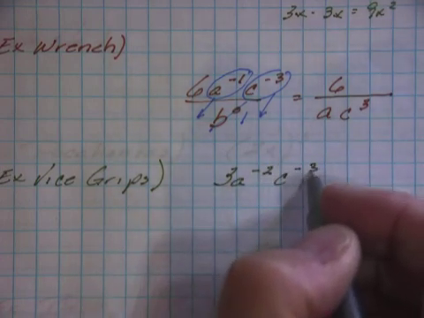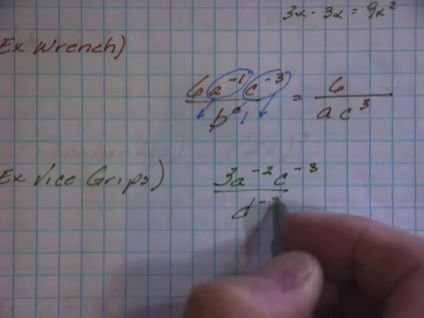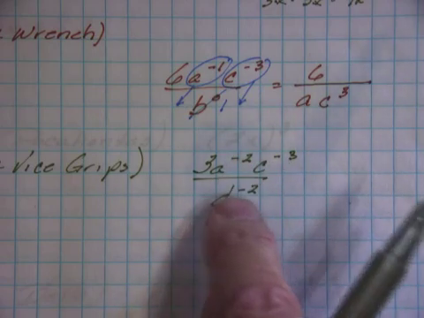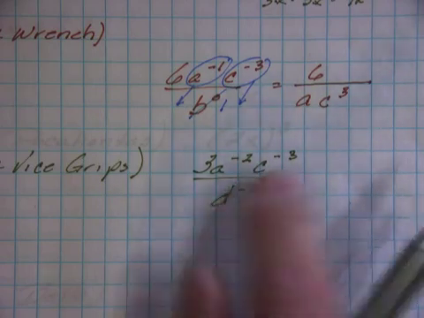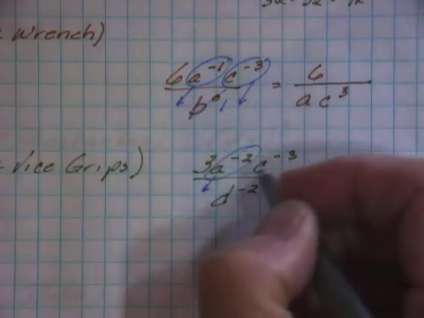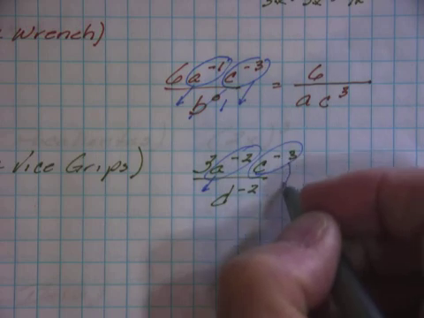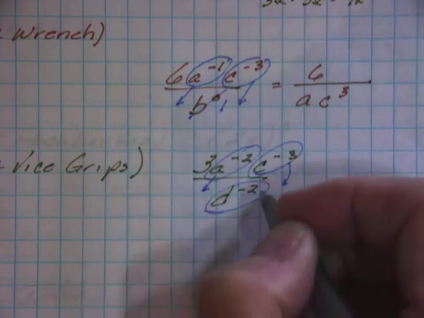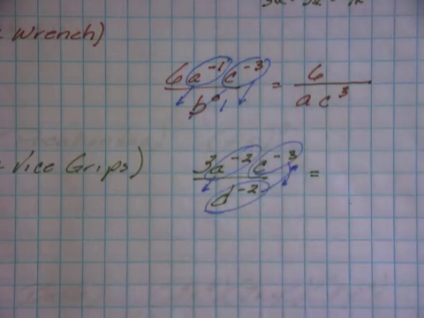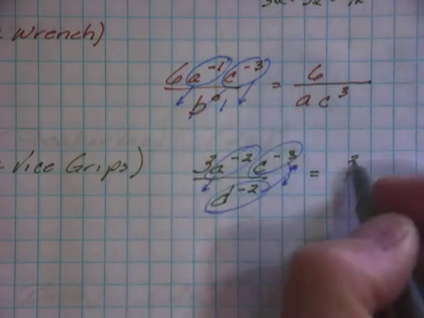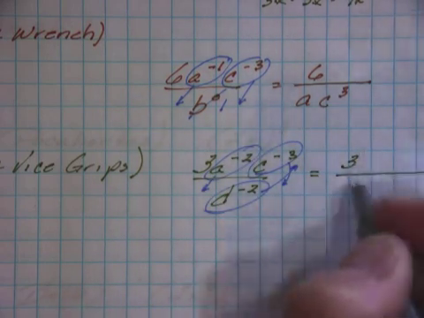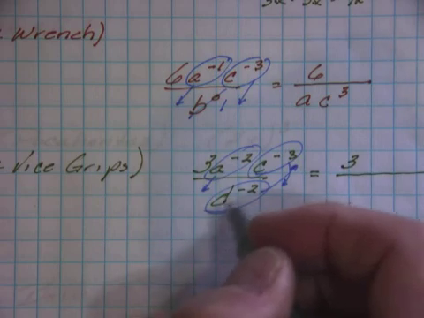Example vice grips. Okay. And you've got 3a to the negative 2, c to the negative 3, over d to the negative 2. Now what makes this different is we're going to be moving things from the numerator to the denominator and from the denominator to the numerator. So a to the negative 2 needs to drop down, c to the negative 3 needs to drop down, and d to the negative 2 needs to move up.